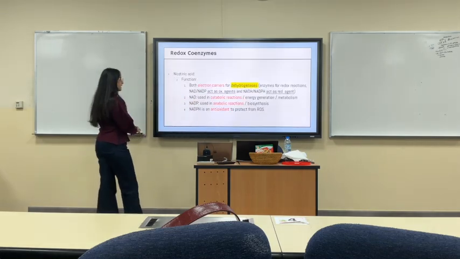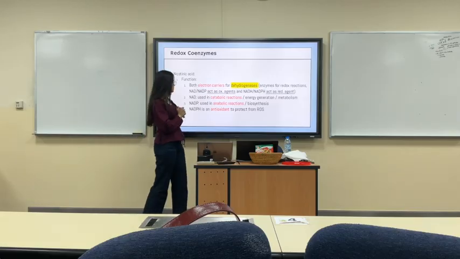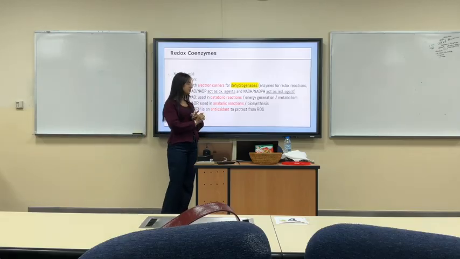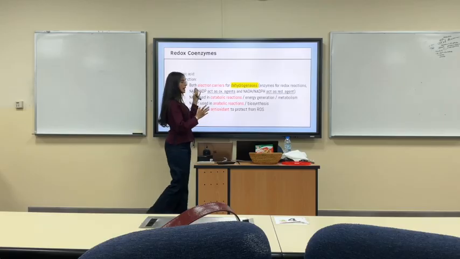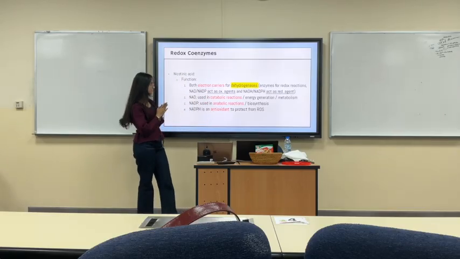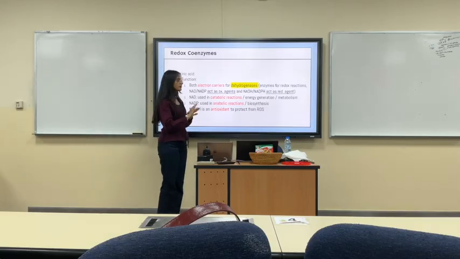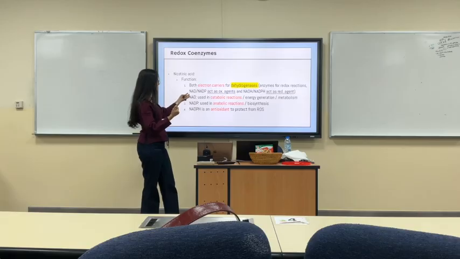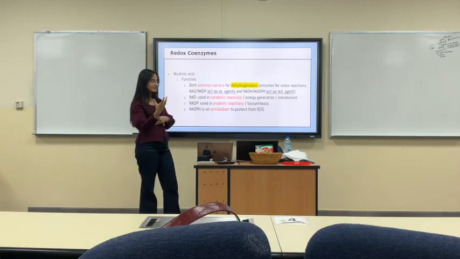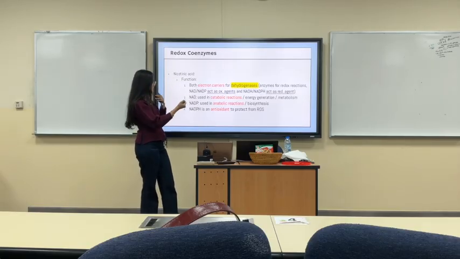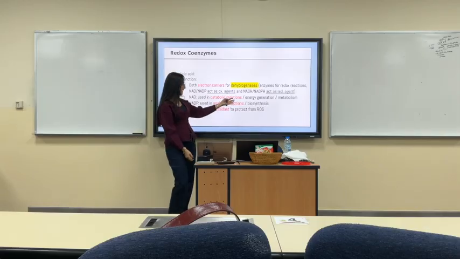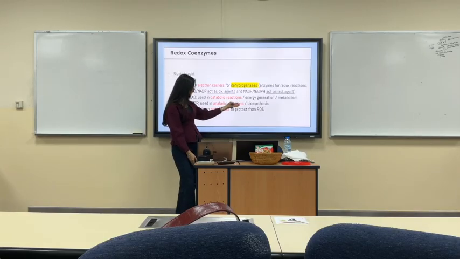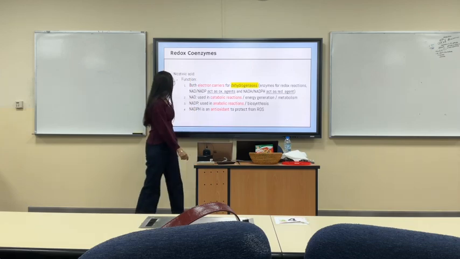So for nicotinic acid, the function: both NAD and NADP are electron carriers for dehydrogenases, which are enzymes for redox reactions. So basically, when we have a redox reaction, NAD and NADP can act as oxidizing agents, and NADPH and NADH act as reducing agents as they donate their hydrogen.